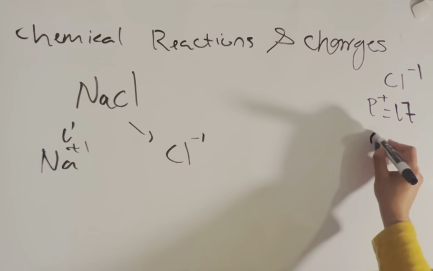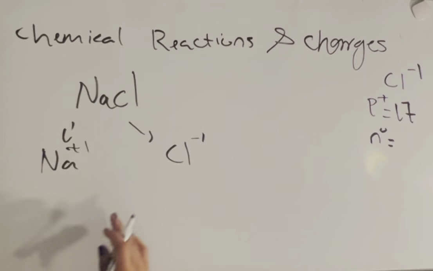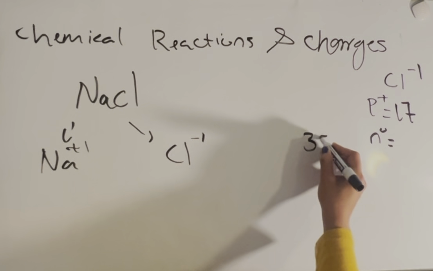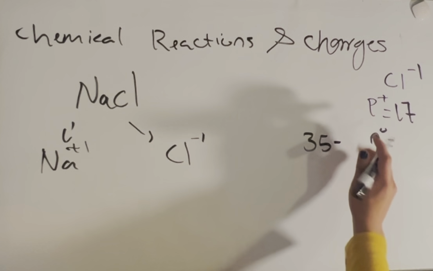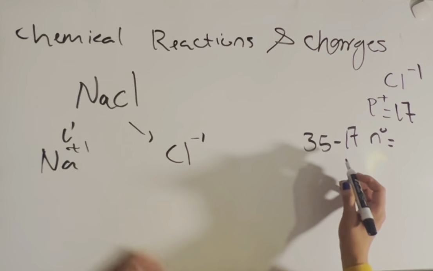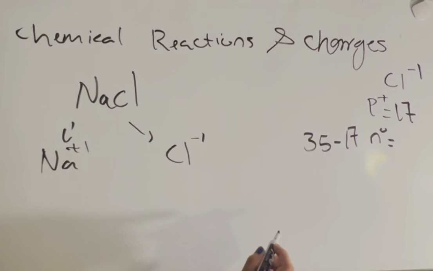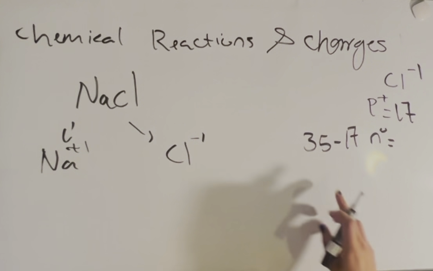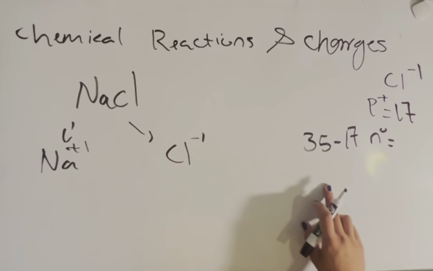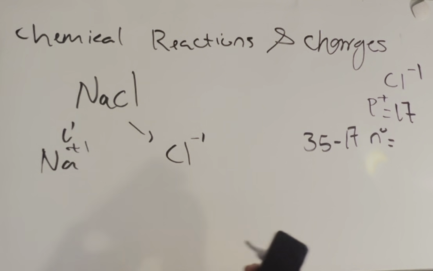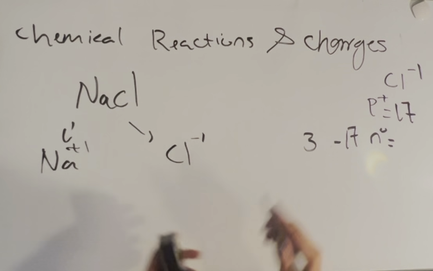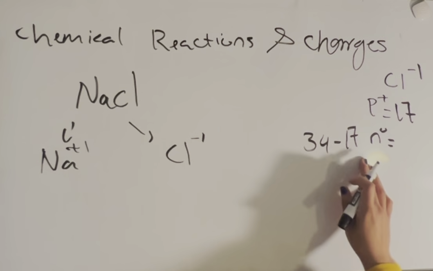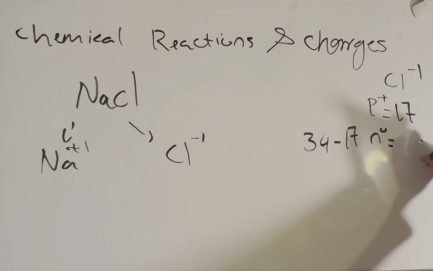The number of neutrons is equal to the atomic mass of chlorine, which is 35, minus the number of protons, which is 17. So 35 minus 17, which is 18.